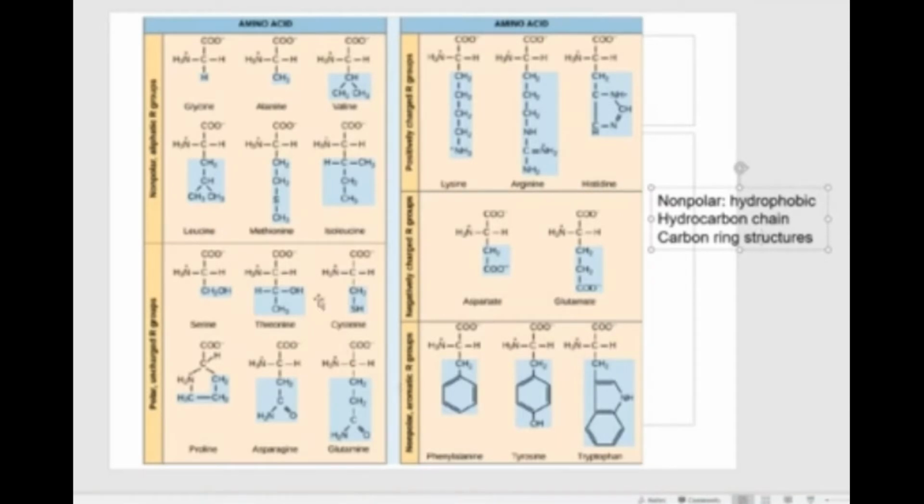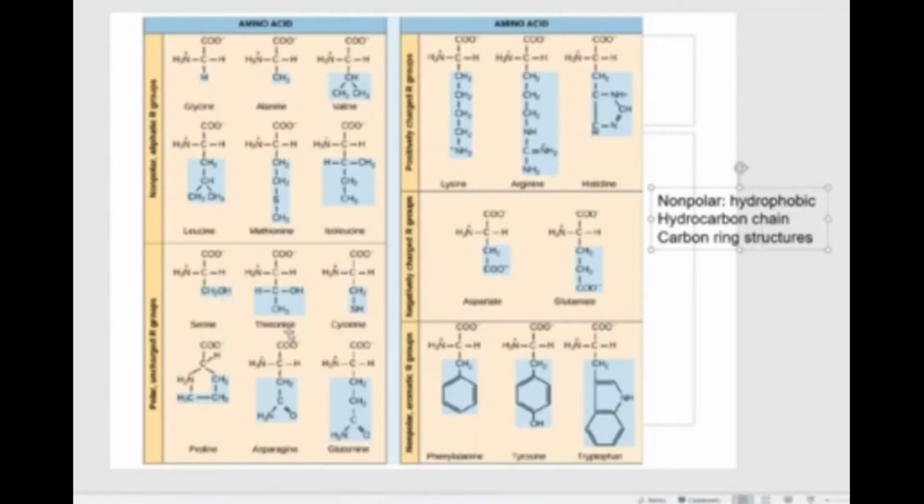When you have a hydroxyl group, remember hydroxyl group is very polar because the oxygen is very strong in moving the electrons towards itself, right? So you have negative charge on the oxygen end and then positive charge on the hydrogen end.